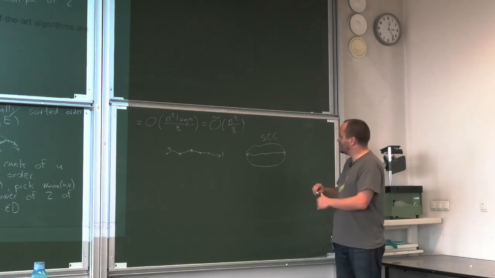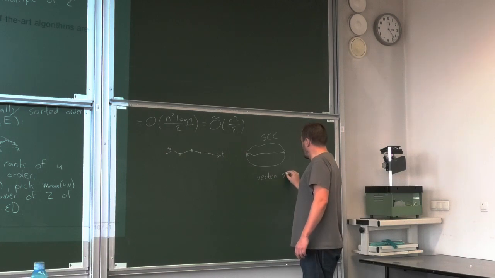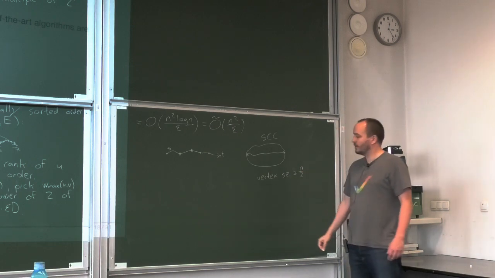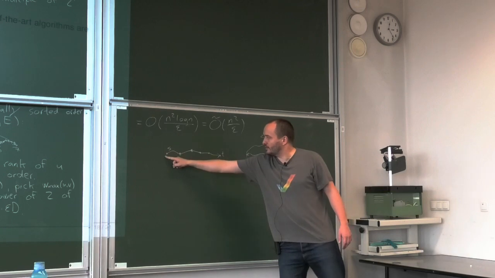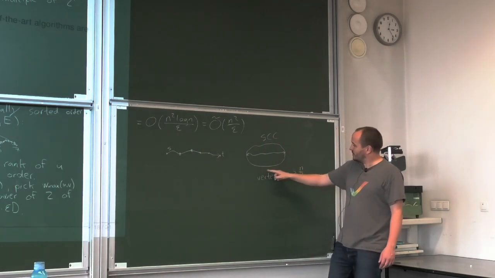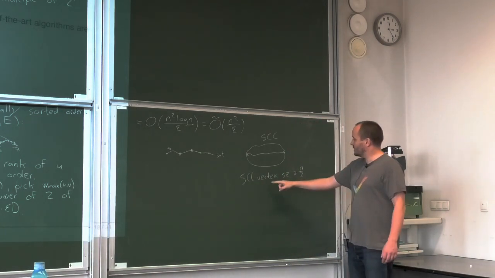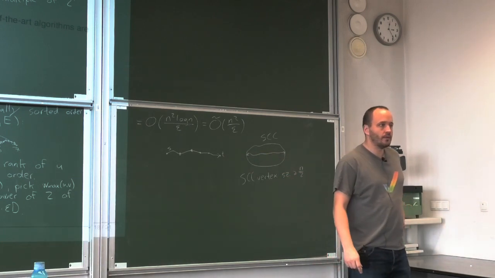If we look at SCCs that have, let's say, vertex size larger than or equal to, let's say, n/2. If you look at a shortest path from the source to a vertex T, and now we just look at SCCs of vertex size at least n/2, how many of them can there be in such a path?